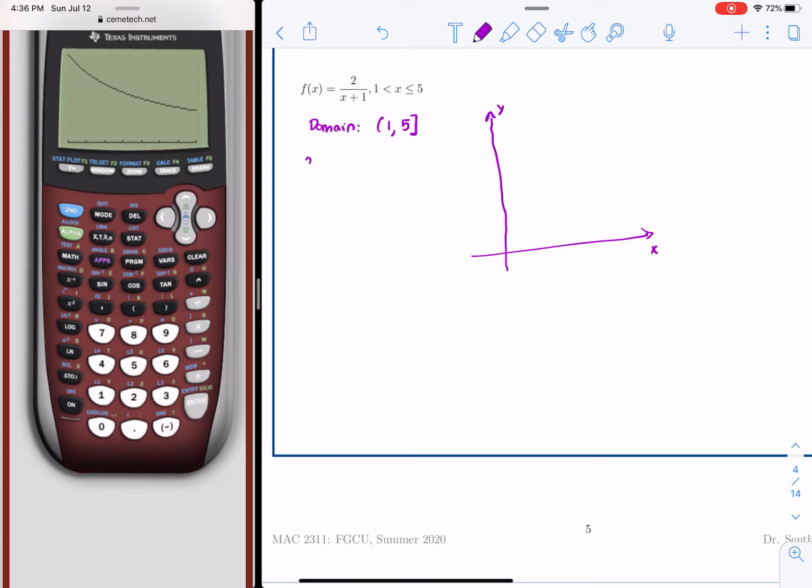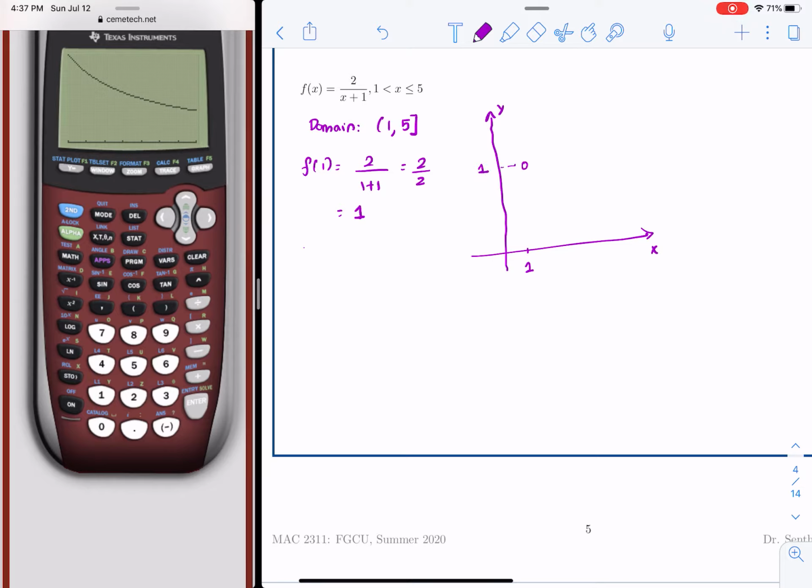When x is 1, f of 1 would be 2 over 1 plus 1, which is 2 over 2, and we end up getting 1. So x is 1, and I have 1. But keep in mind, I am not including 1 because it's not part of the domain.